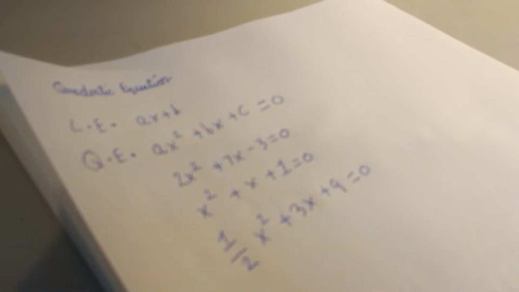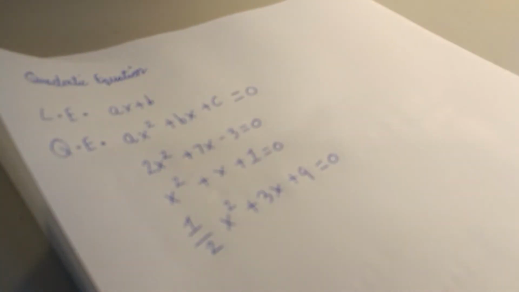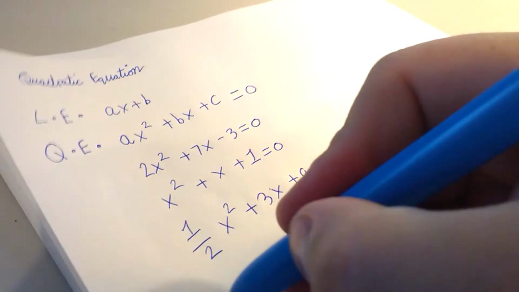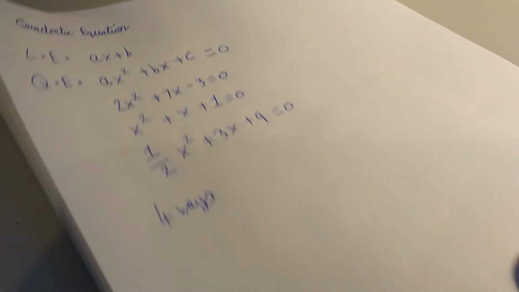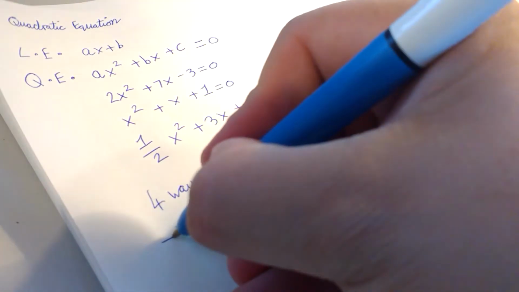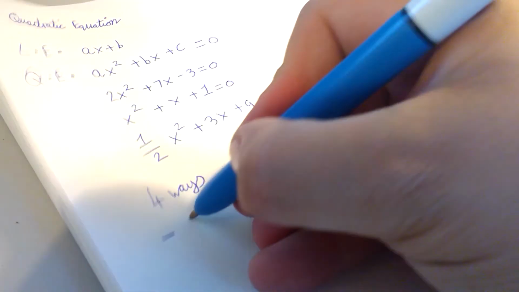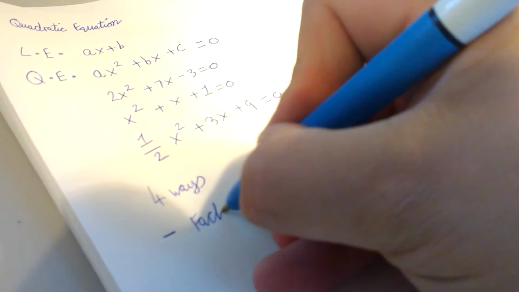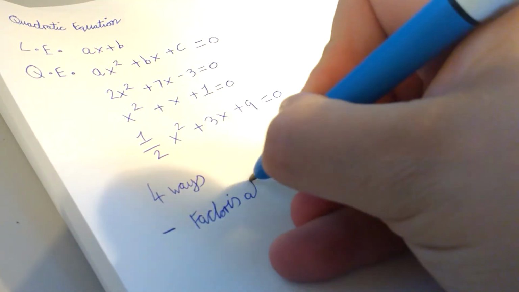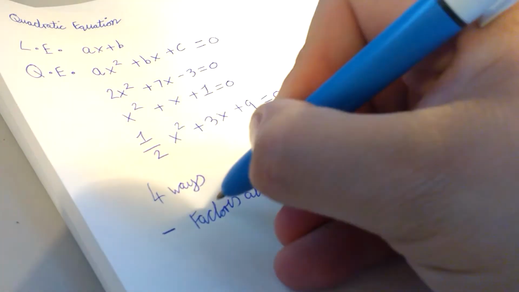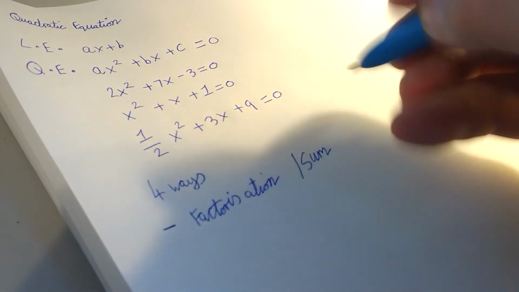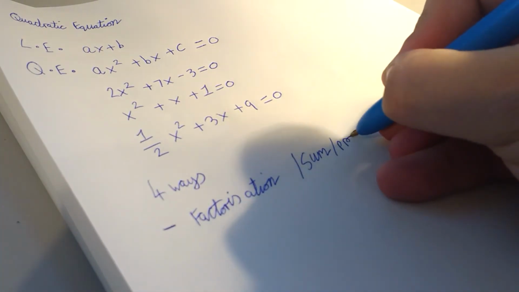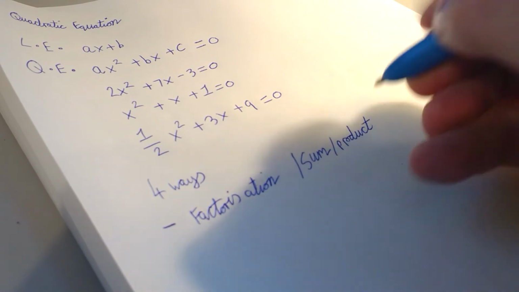Now, quadratic equations can be solved for their roots in 4 ways. So we have factorization, which I like to call the sum product rule, which I'll explain to you in a second.